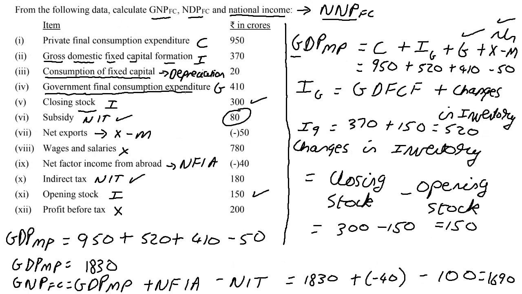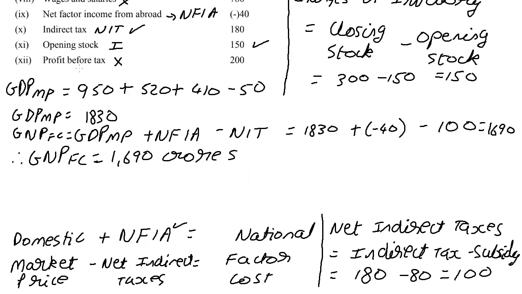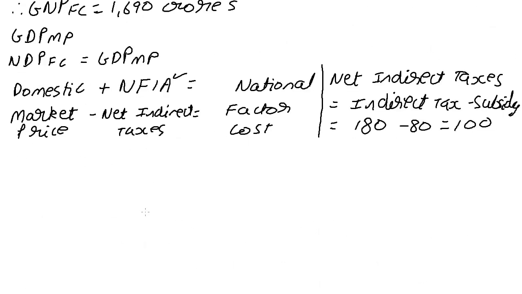Now, if you have understood how this is done, what do they want next? NDPFC. So what is changing? First of all, I'm going back to our original number, GDPMP, and they want us to reach NDPFC. In order to move from gross to net, you must subtract depreciation.